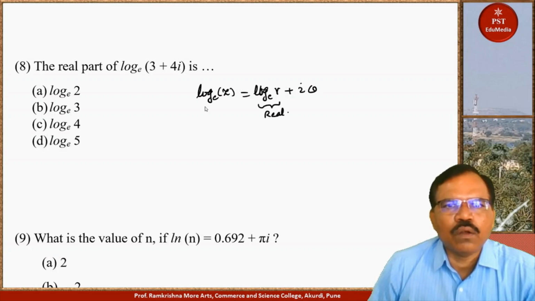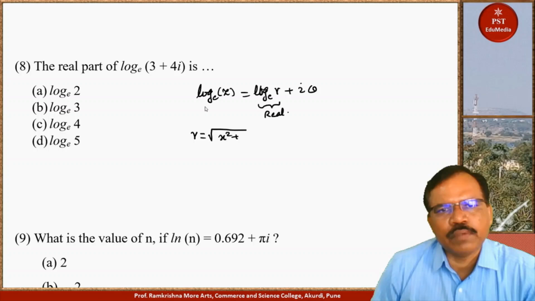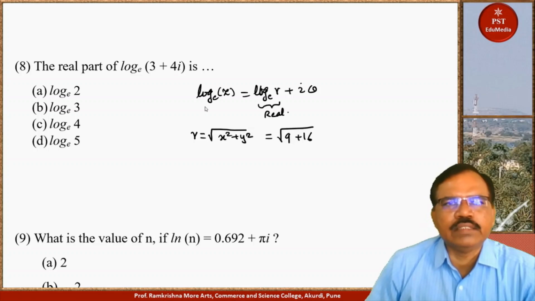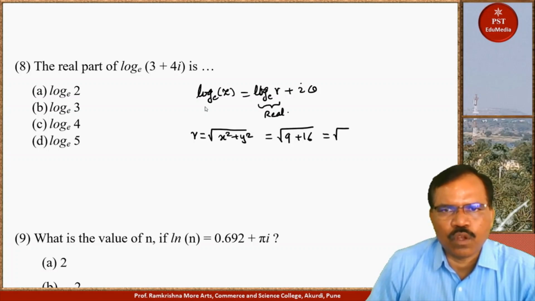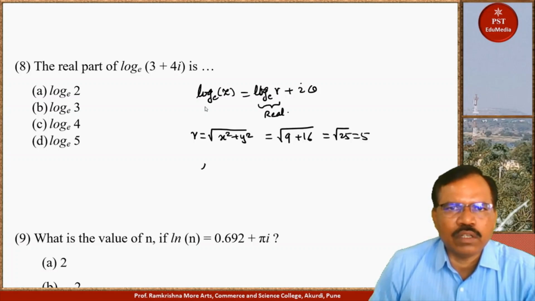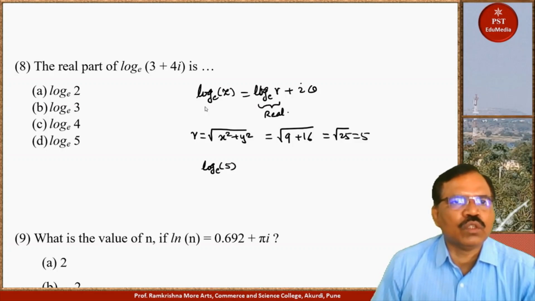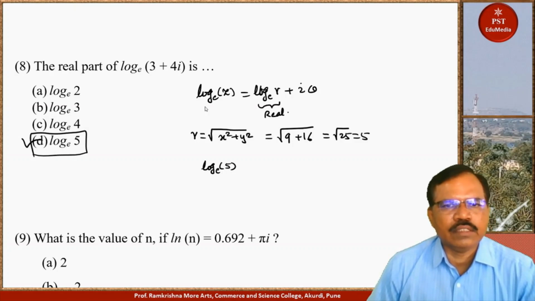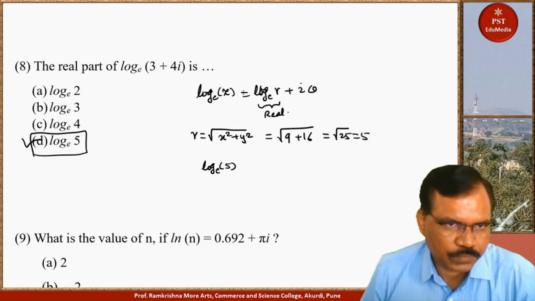So what is r? r is root of x square plus y square. Now in 3 plus 4i, x is 3, so 3 square is 9 plus 4 square is 16. So you will get root of 25, that is 5. So the real part is log 5. So out of 4 alternatives, this last one is correct.